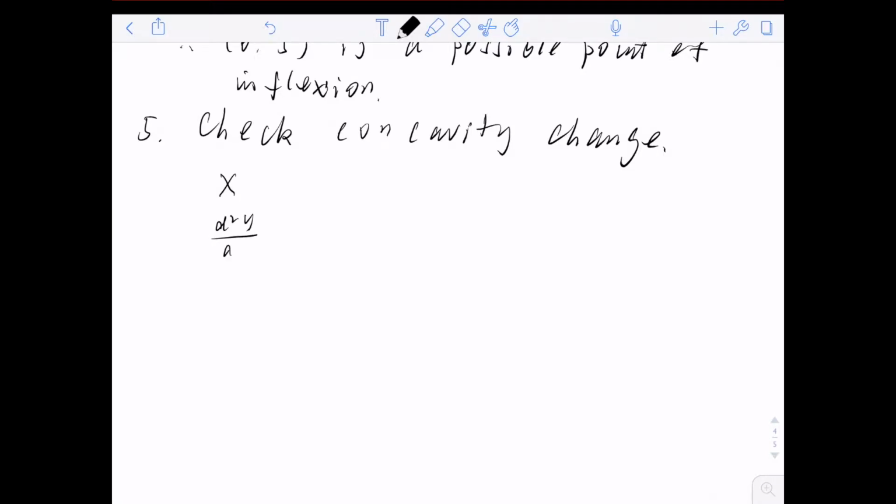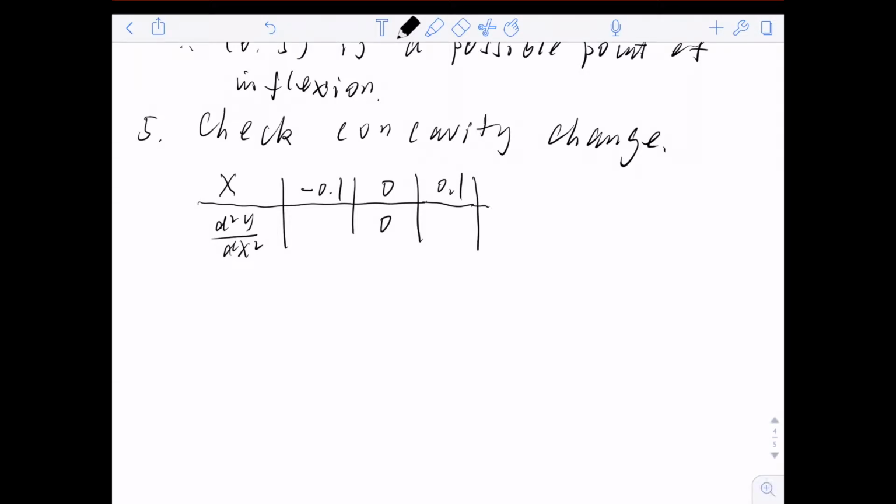Using the x values around your inflection point, which is x equals 0, we know the second derivative equals 0, and then we check on the left of this point, I pick x equals negative 0.1, and on the right of this point, 0.1.